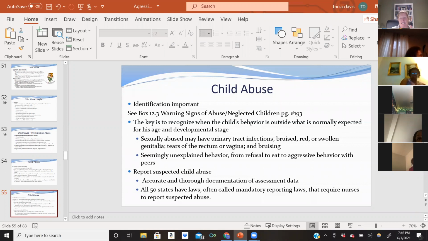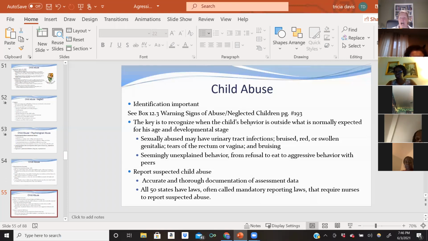So if we see patients that come in that have urinary tract infections, when we go to look at them, if they have bruised, red, or swollen genitalia, or if they have tears of the rectum or vagina, or any type of bruising in that area, we know that this is not normal. So this could be a sign of sexual abuse.